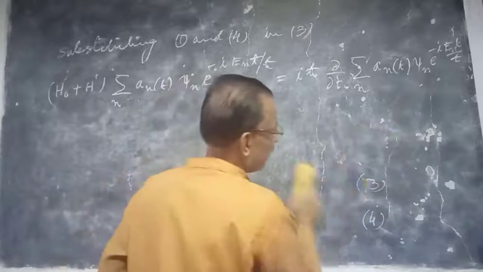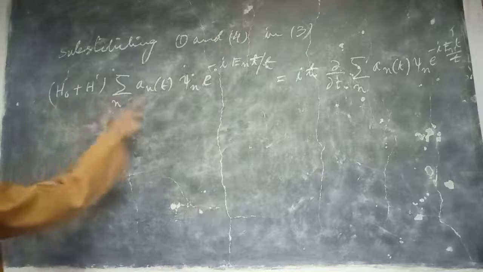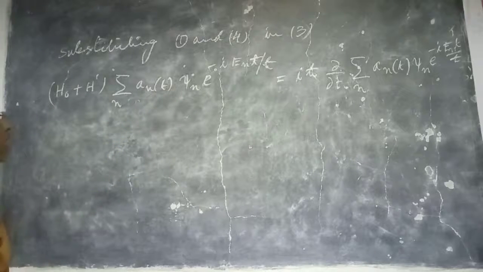Now on the left hand side we get two terms, one with H0 and another with H prime. When H0 operates on this, you get E n psi n.